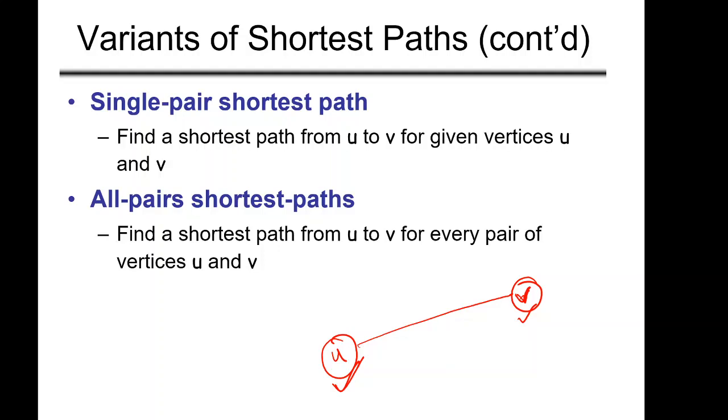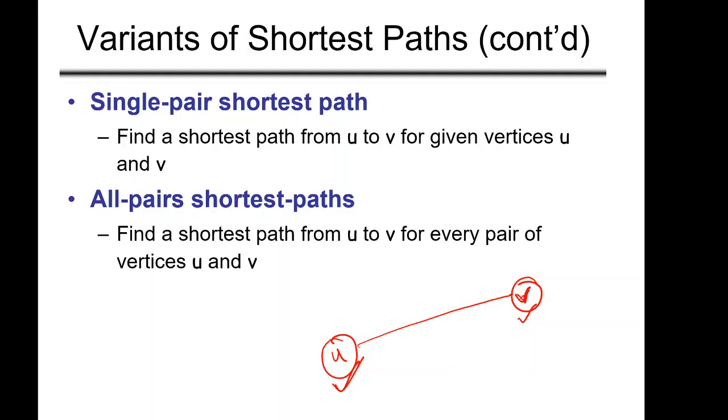Moreover, there is no algorithm for this problem that can run asymptotically faster than the best single source algorithm in the worst case. What I am trying to say here is, if we are able to do single source shortest path, then we are able to do single pair shortest path automatically. You just need to select that particular pair out of it.